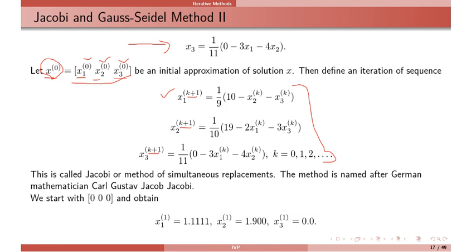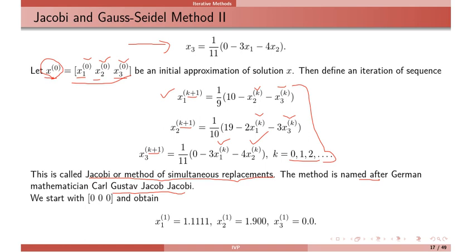We write x k plus 1 equal to something in xk. So put a label xk on right hand side. So k is just a label to denote successive iteration, with k running from 0, 1 to 3. So this method is called Jacobi, or method of simultaneous replacements, named after German mathematician Carl Gustav Jacob Jacobi. And this is quite an old technique to solve iterative method.